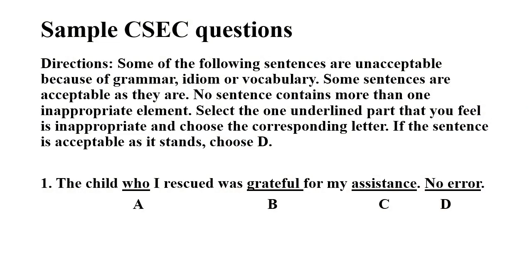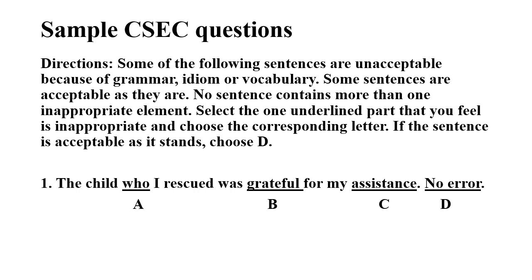Some of the following sentences are unacceptable because of grammar, idiom, or vocabulary. Some sentences are acceptable as they stand. No sentence contains more than 1 inappropriate element. Select the one underlined part that you feel is inappropriate and choose the corresponding letter. If the sentence is acceptable as it stands, choose D.